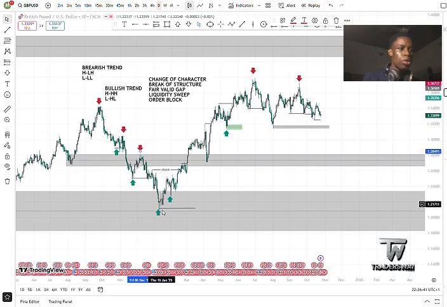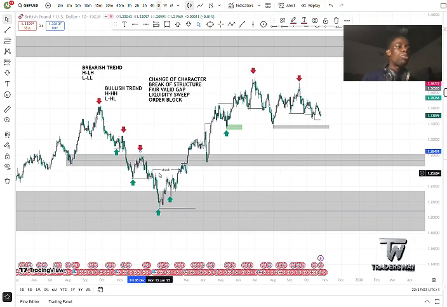But in the situation whereby market came to this low, it didn't sweep this low. Like after creating a low here and a lower high here, market was supposed to come and break this low. But the market went back up and broke this lower high. That means market has changed direction.